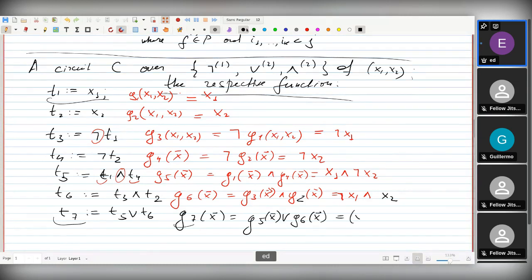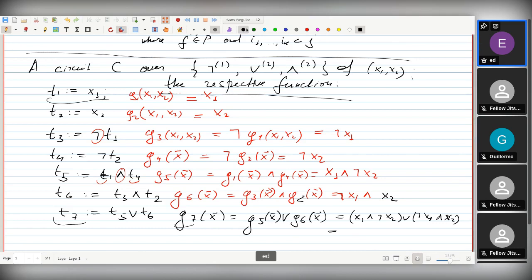What is it? Finally, x1 and not x2, or not x1 and x2. Can you guess which function it is? Look, it takes value 1 if and only if x1 is true and x2 is false, or x1 is false and x2 is true.